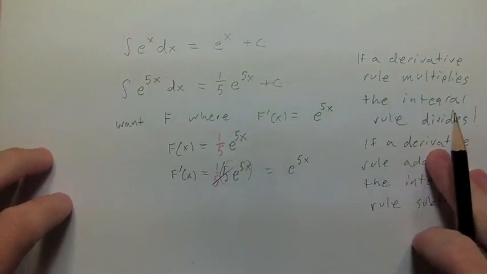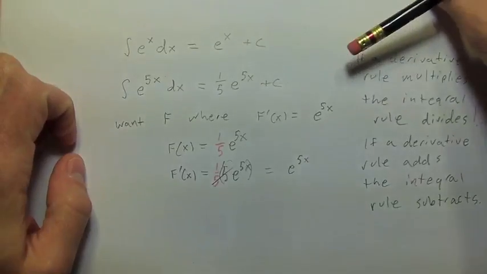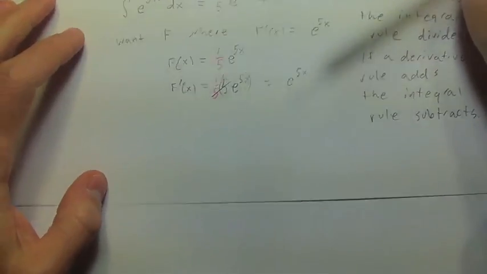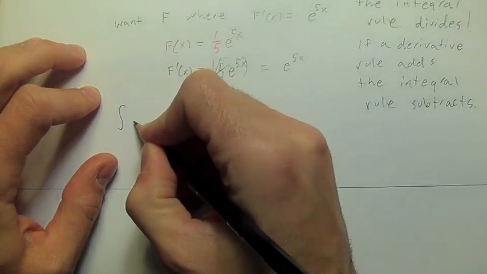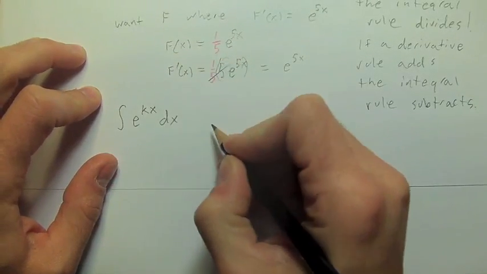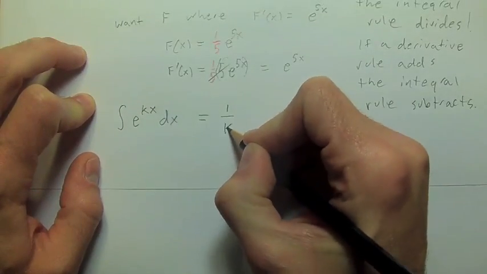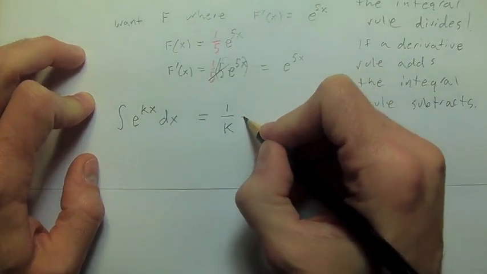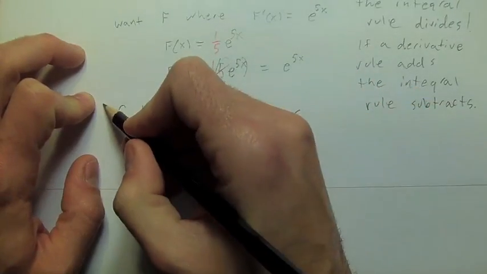All right, so basically, the exponential rule, if I have e to the kx, a constant times x, it is going to give me 1 over k, 1 over that constant, e to the constant times x plus c.